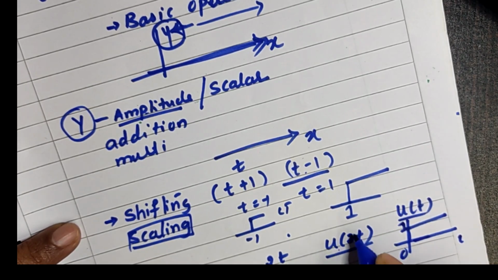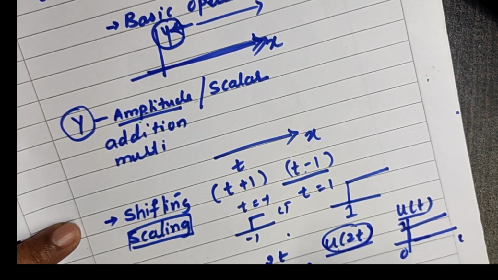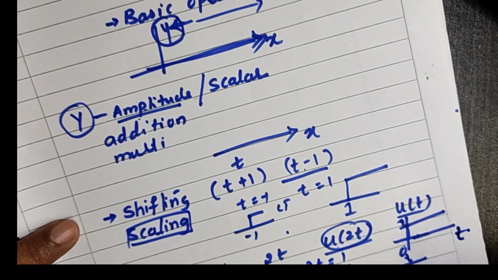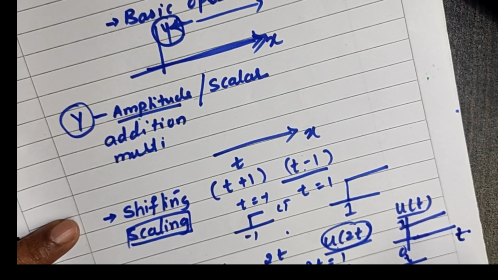What is u of 2t? We take 2t equal to 1, so t is equal to 1 by 2. Therefore, the magnitude remains the same, but the timing changes: instead of 0 to t, it goes from 0 to t by 2. t is changed by 1 by 2.